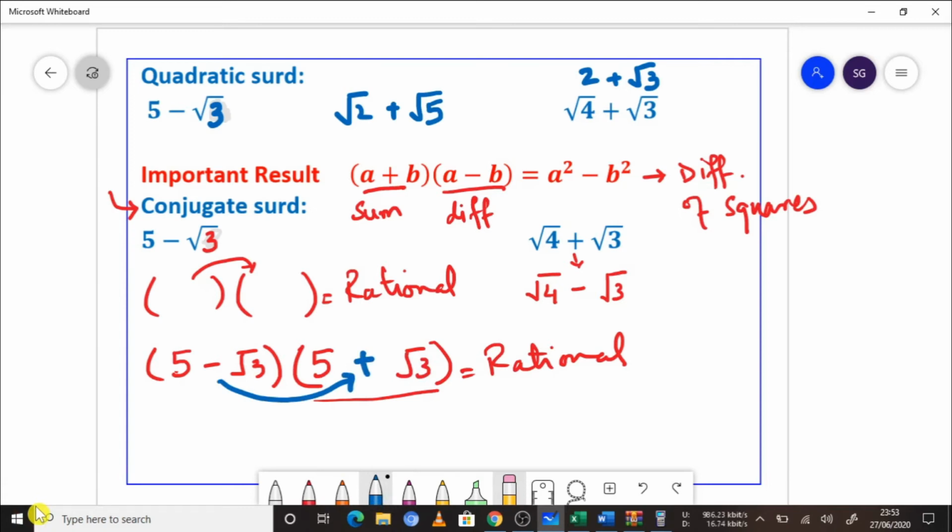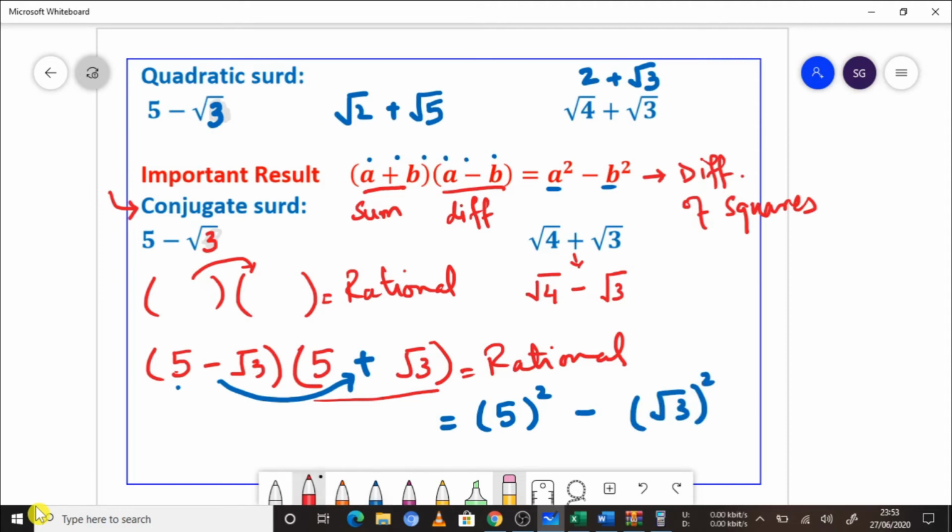And look at the identity above. It's a plus b and then a minus b. Similarly, we have 5 minus under root 3 and then 5 plus under root 3. We have the product of their sum and difference. And if that's the scenario, if you get it into this structure, you can write it as the difference of their squares. So I'll take the square of 5 and the square of root of 3 and then subtract them.